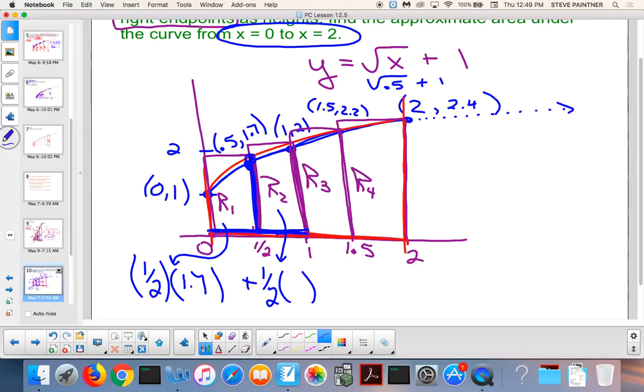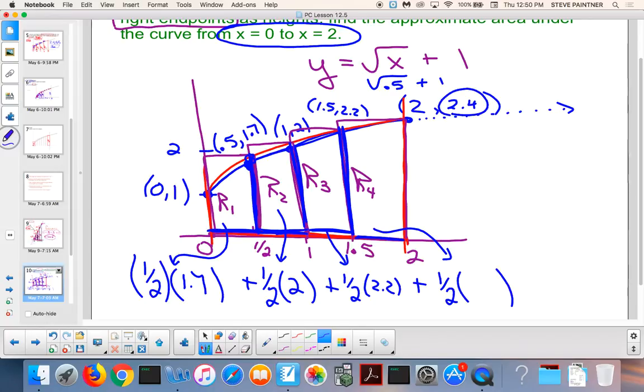What's the height? 2. Plus rectangle 3, the width is 1/2, height is what? 2.2. Okay, width is what here? 1/2 again. What's the height? 2.4. That's why you guys need those points. You need your ordered pairs to tell you the height of the rectangle.